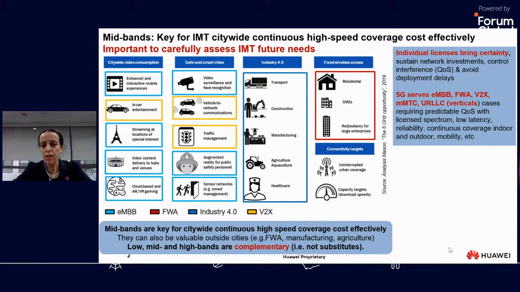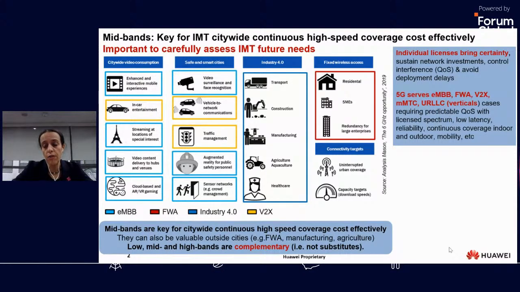Now, from a regulatory perspective, it is very important to say that many of these use cases require predictable quality of service that is unique to licensed spectrum. They require low latency, reliability, continuous coverage from indoor to outdoor and vice versa, and mobility. For that, individual licenses are key, because they bring certainty with regard to the availability of spectrum. That's necessary to control interference and have highly predictable quality of service.